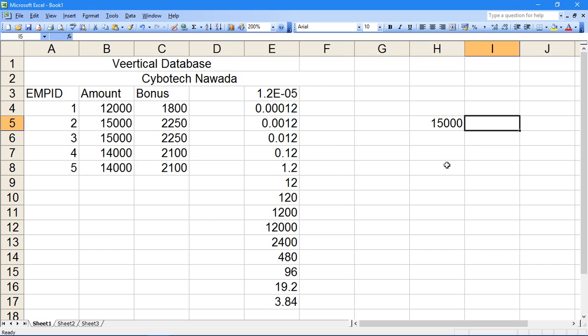Okay. Now I am writing a formula equal H5 into 20%.